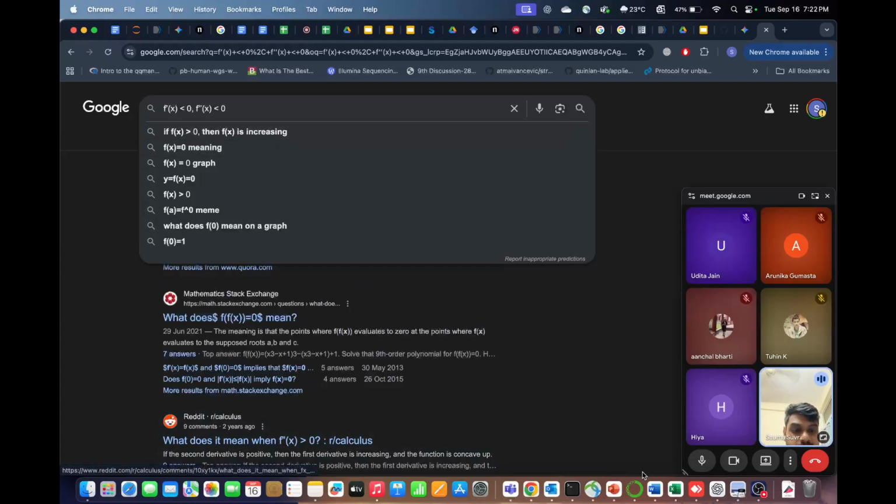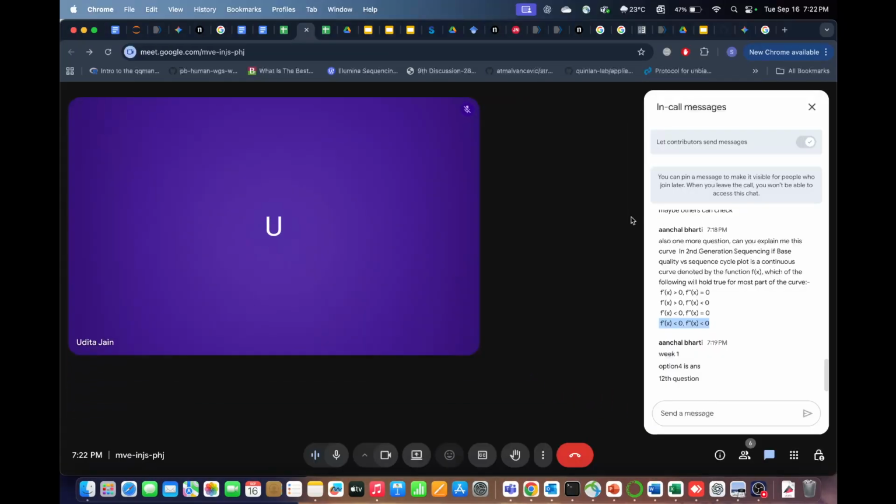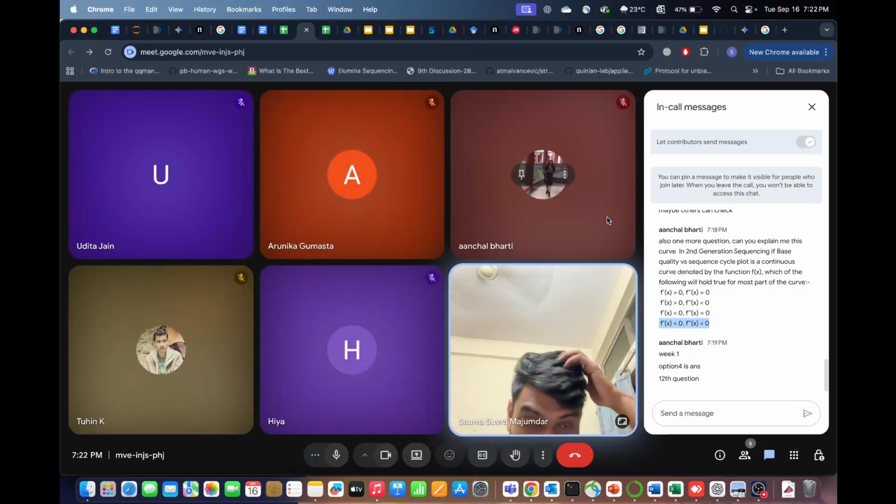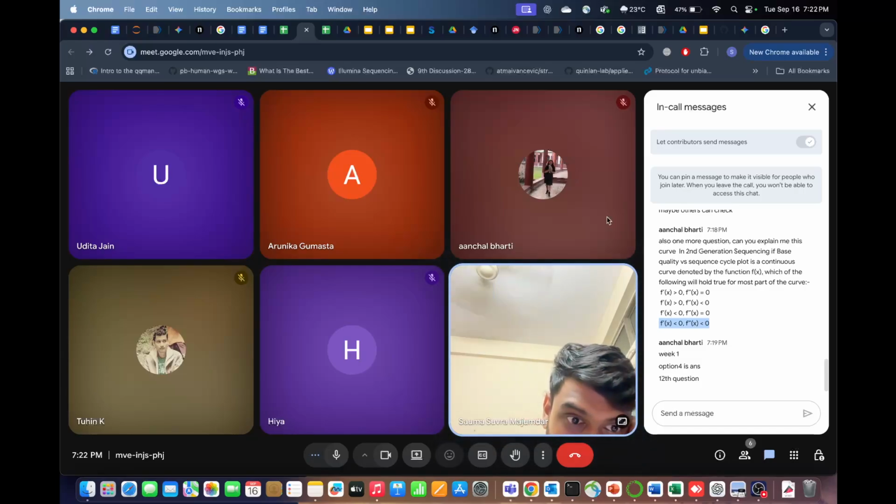Okay, so if that condition is correct, it should be somewhat like a hyperbolic curve, if I'm not wrong. So you have first derivative less than 0 and second derivative less than 0 as well. Let me try to plot it.